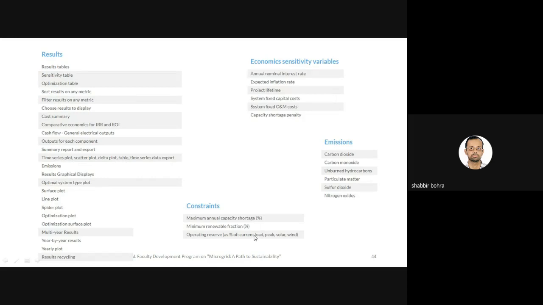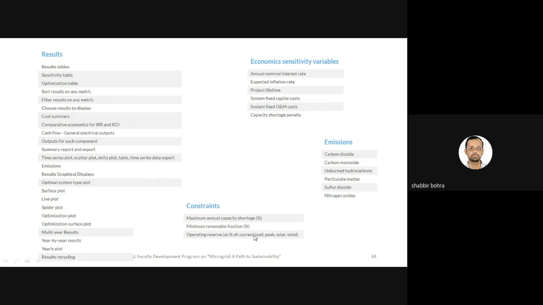And at the end of that, different kinds of results can be generated, like the sensitivity table, optimization table, cost summary, comparative economics of the IRR and ROI, that is the internal rate of return and return on investment. So basically it gives different kinds of views of the cash flow.